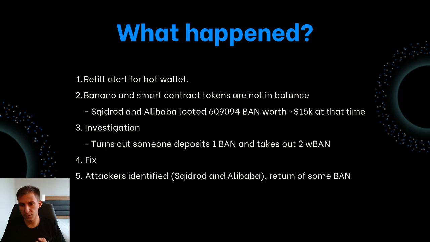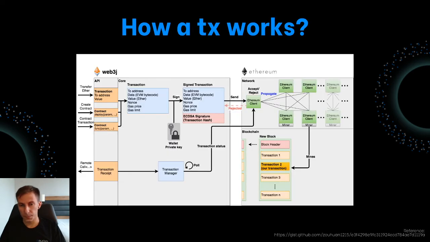And yeah, the attacker, one of them, returned some BAN, and we learned a lot about this issue and how people who are not deeply technical, I would say, can still exploit a bridge, and you don't even need to understand how ECDSA works and how you exploit more complex cryptographic issues. Sometimes you just need to do some really simple thing as the exploit. First, let's have a look into a transaction and how it works.